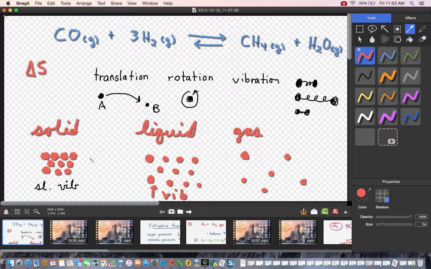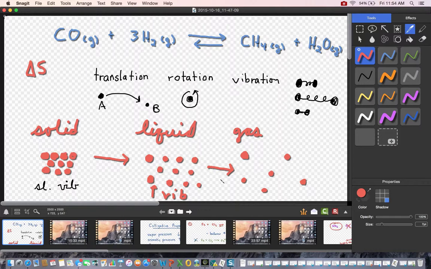So delta S increases a little bit from solid to liquid, but a whole lot from liquid to gas. So when we look at a balanced chemical reaction, we want to consider how many moles of gas I have in products, how many moles of gas I have in reactants.